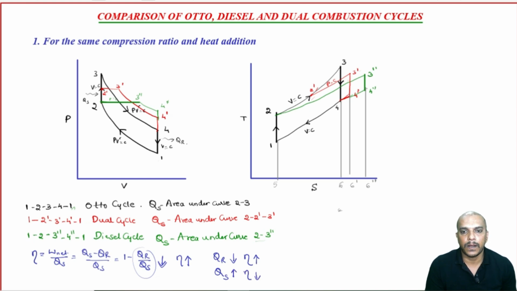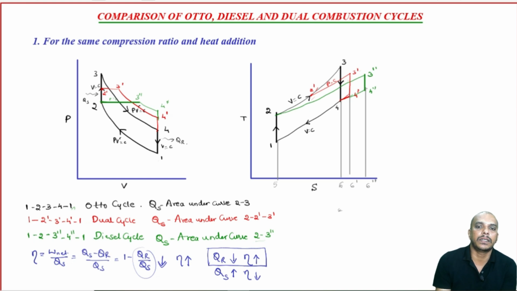Now, heat supplied is the same, so we can eliminate that term and concentrate on this term. Whichever plot has lesser heat rejection will have the highest efficiency.